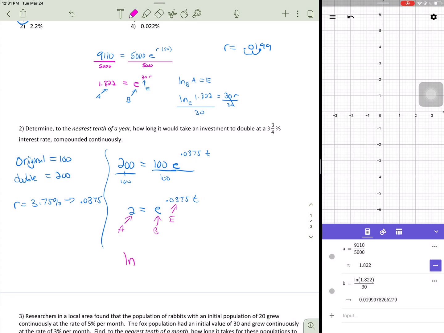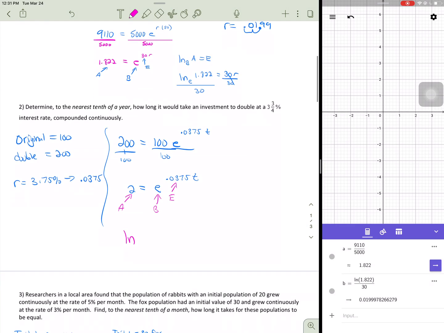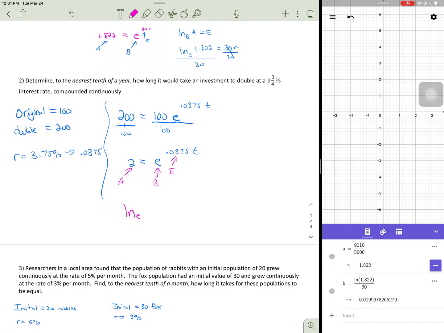So ln base e, remember we don't have to put that, but ln base e of 2 equals 0.0375t. Divide by 0.0375. We do it in the calculator.